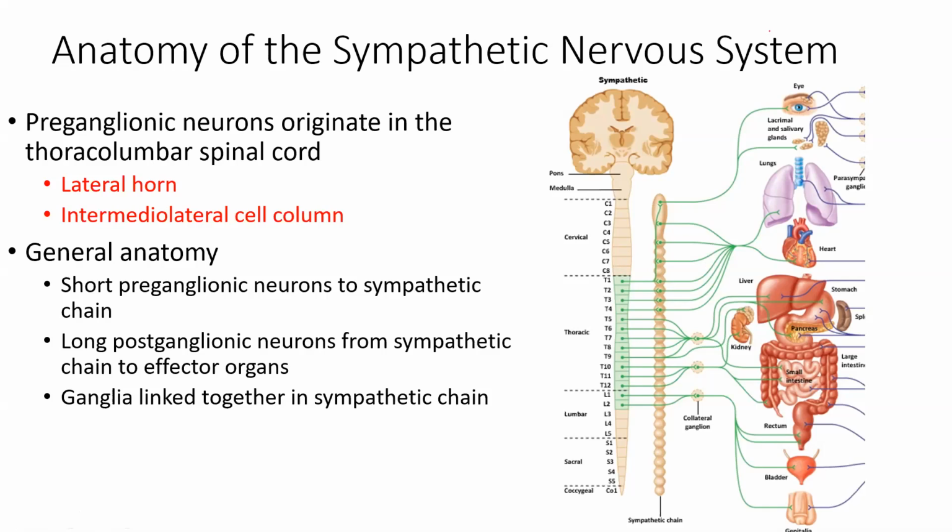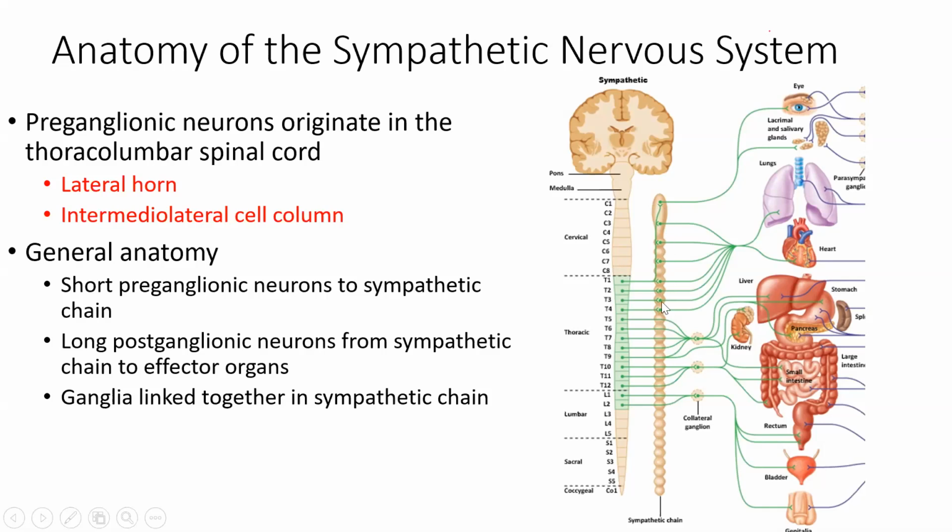It has a much longer distance to travel. It's going to go out to the eyes, the lungs, the heart, and all of these other organs, and that is a further distance to travel, hence a longer postganglionic neuron. The collection of these ganglia, as I keep reiterating, is what forms the sympathetic chain.